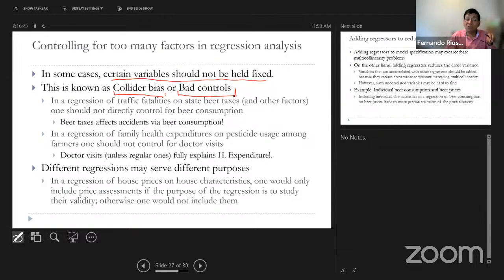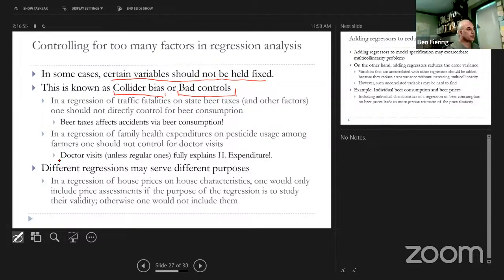Either I should control for doctor visits or for family health expenditure. You cannot control for both of them because pesticides is going to have an impact either by having you go to the doctor more often or by increasing how much you're spending. But if you include one or the other, the impact of pesticides might get diluted because you're absorbing some of its impact through the channel that is affecting your outcome.